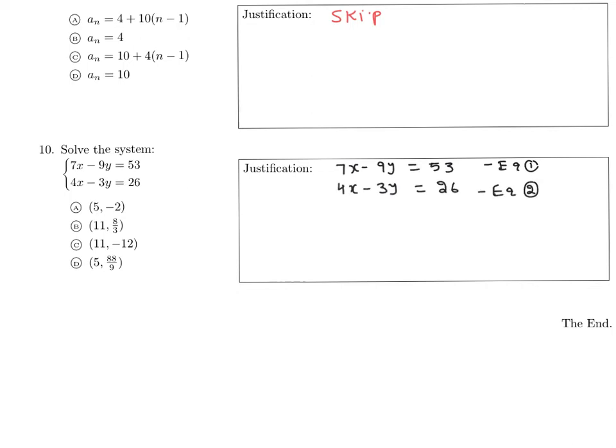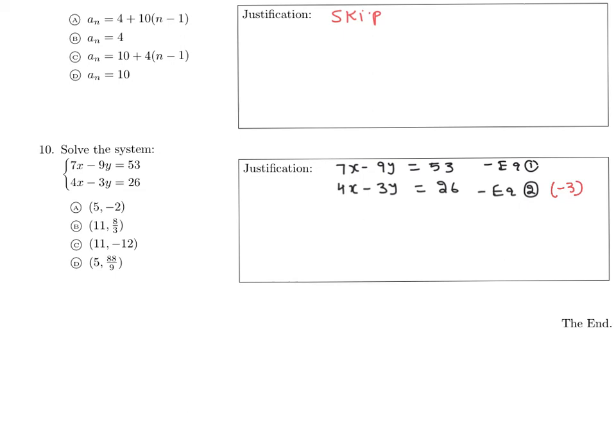In order to solve for x and y, we need either the same number and opposite sign for either x or y. I can see that 3 is in the same table as 9. So I can multiply equation number 2 by negative 3 so that it becomes positive 9.